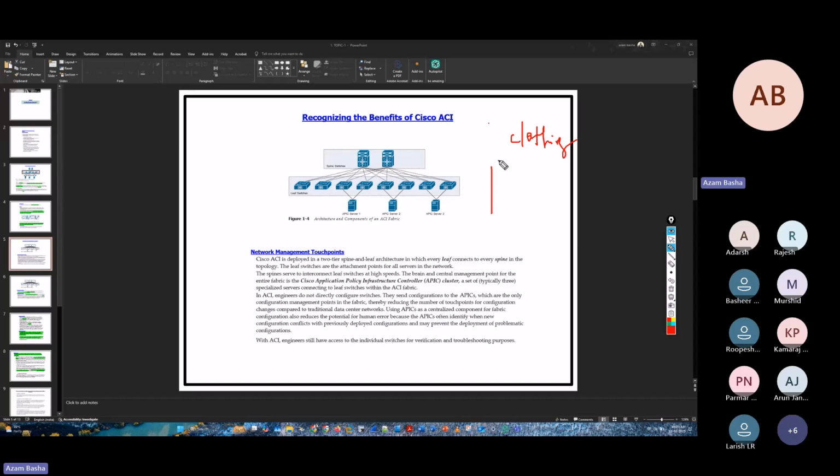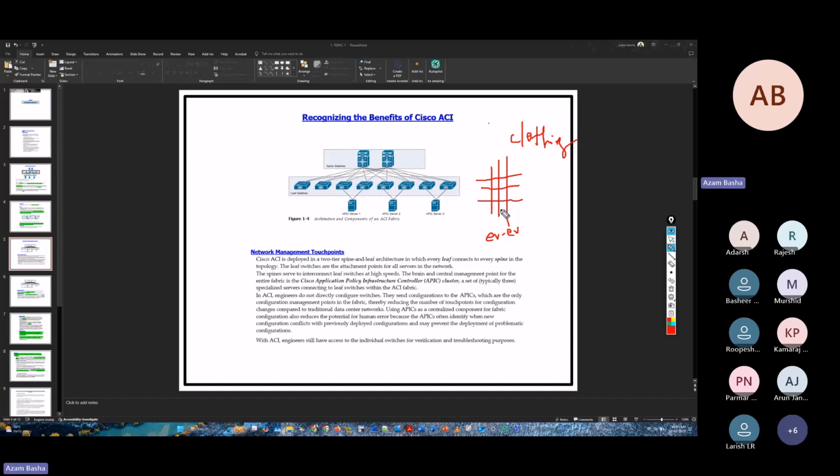So fabrics are like this, correct? They are stitched together. Everything is connected to everything. You agree?